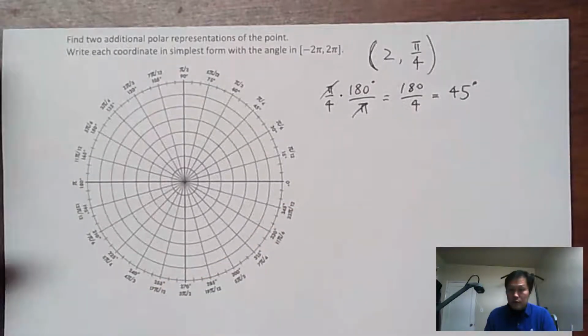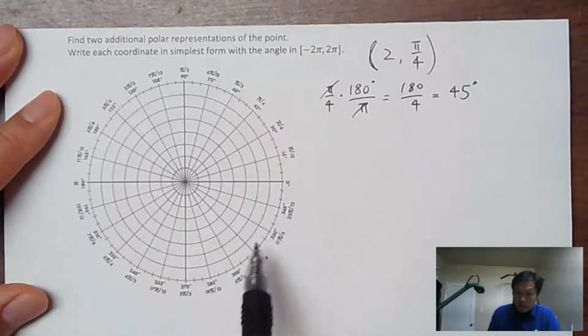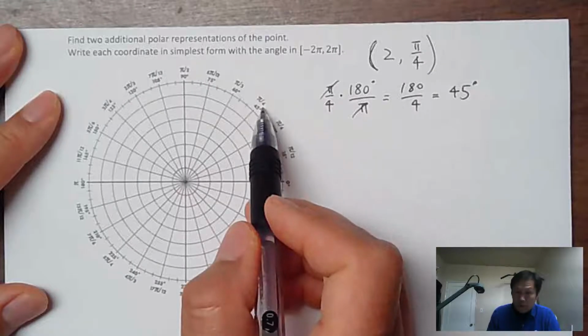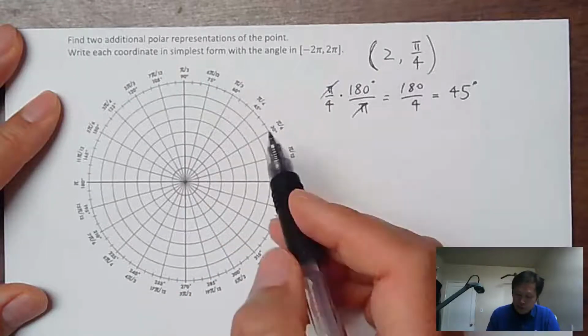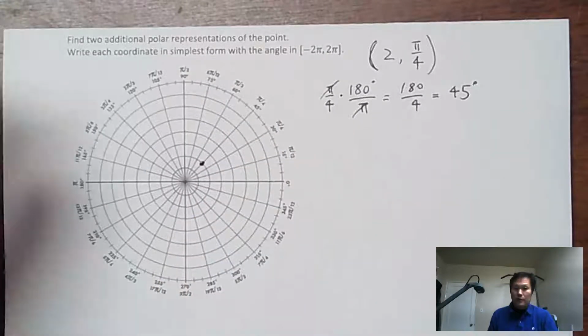If you have this kind of drawing available, pi fourth is right here, 45 degrees right here, radius is 2, so you get to plot that point as this.